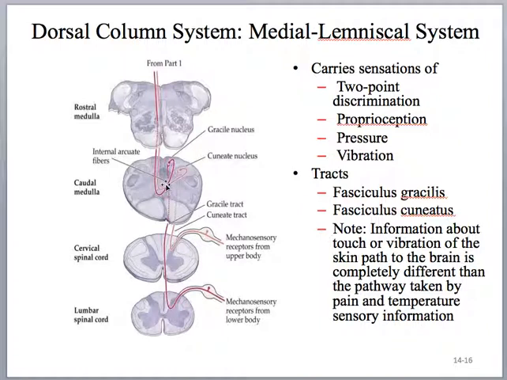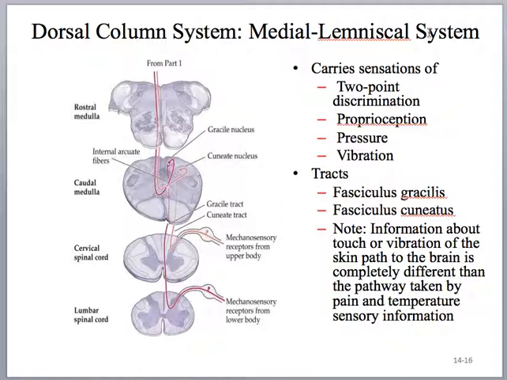It ascends and synapses onto the second order neuron, which is the gracilis nucleus right here. This gives rise to the internal arcuate fibers. They cross over to the contralateral side, and then they ascend as the medial lemniscus, and then they project into the contralateral thalamus, specifically the ventroposterior lateral thalamic nucleus.